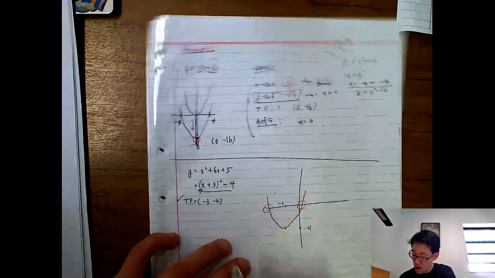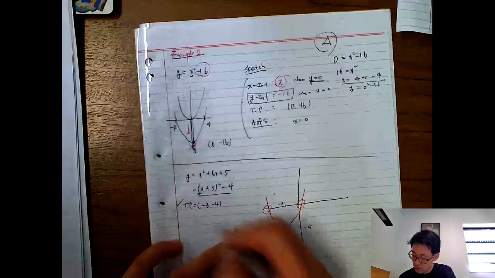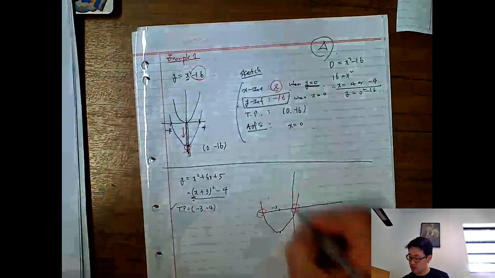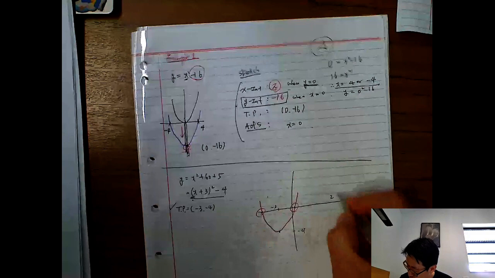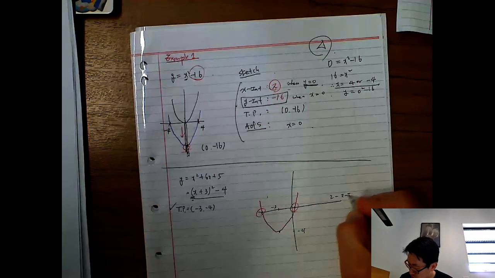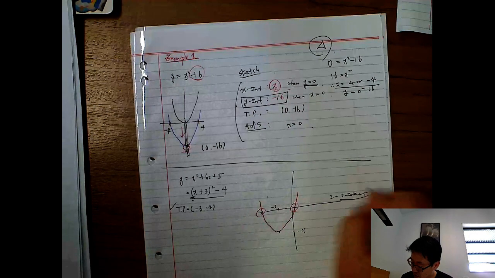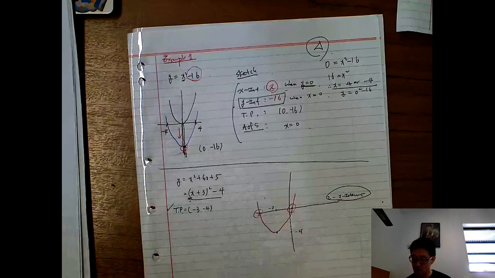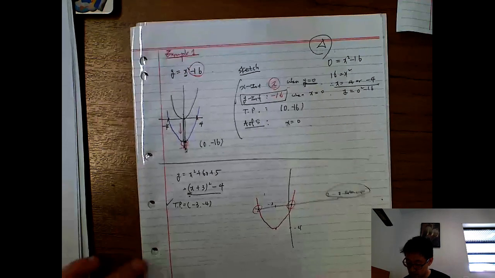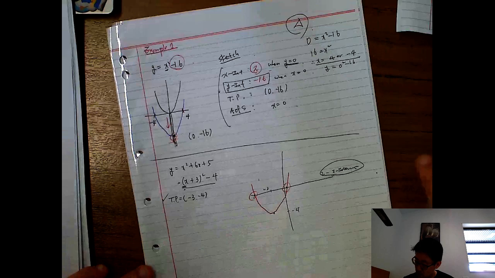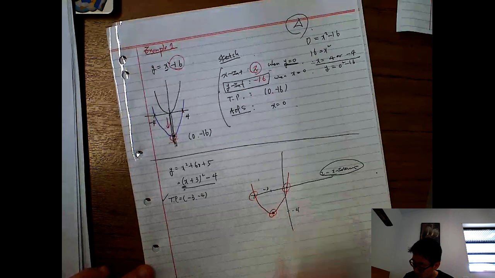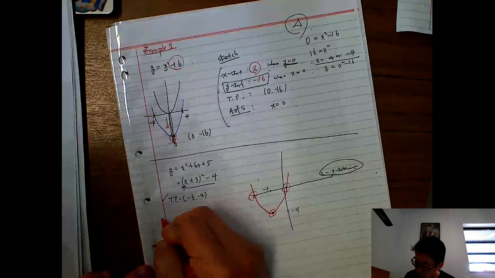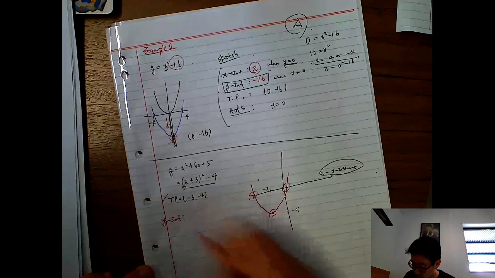So I know at least that there will be two x-intercepts. That's the information I can get from a rough drawing. So we get the turning point here, and we'll go to the y-intercept first.